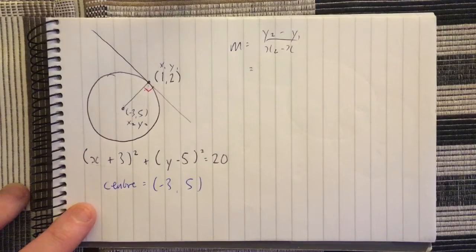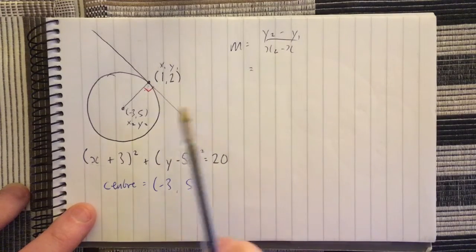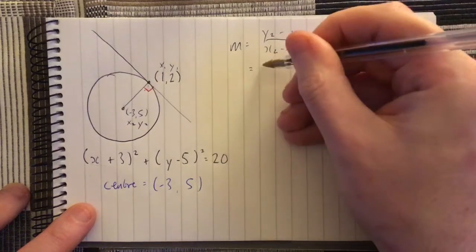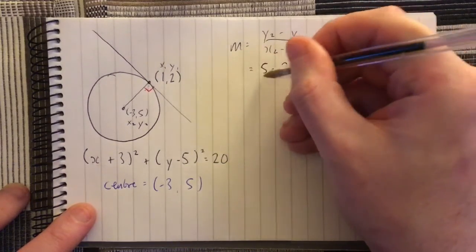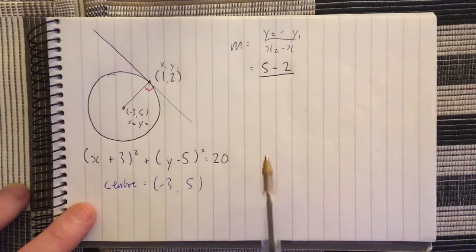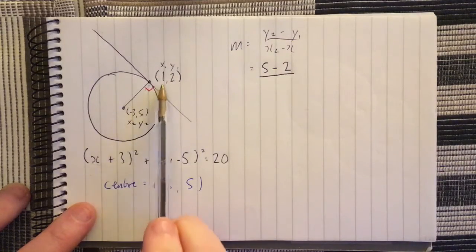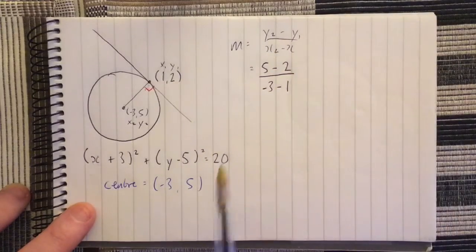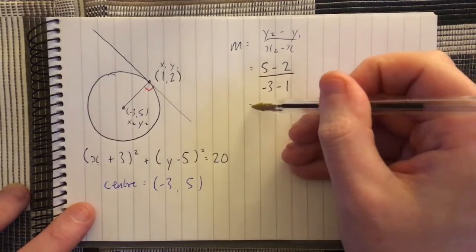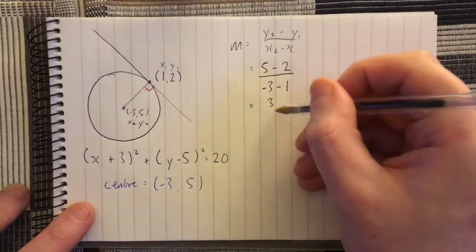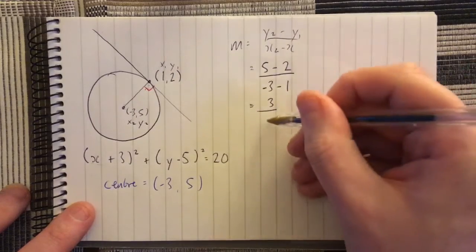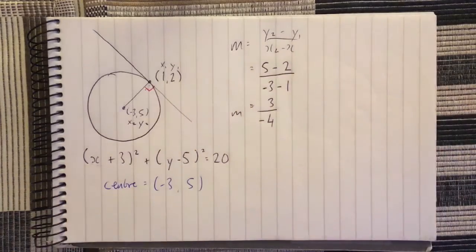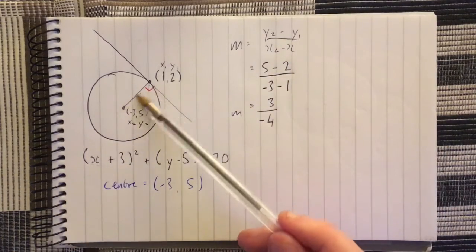So y2 minus y1, 5 minus 2 on top, and x2 minus x1, minus 3 minus 1. So that is equal to 5 minus 2 is 3, minus 3 minus 1 is minus 4. So that is the slope of your radius.